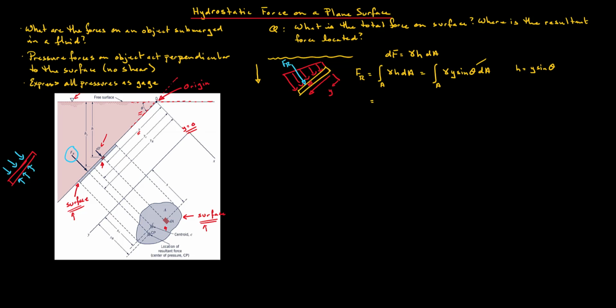And we are just left with gamma sine of theta multiplied by the integral of y dA. You might have encountered the integral y dA before. This is called the first moment of area.